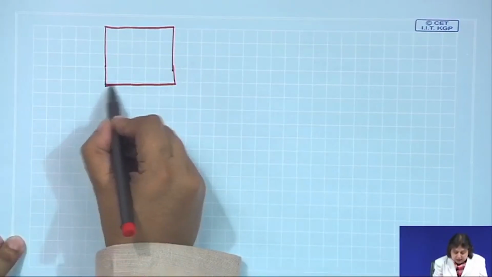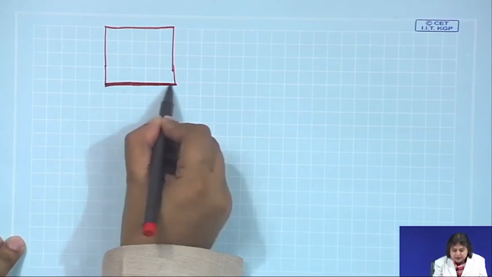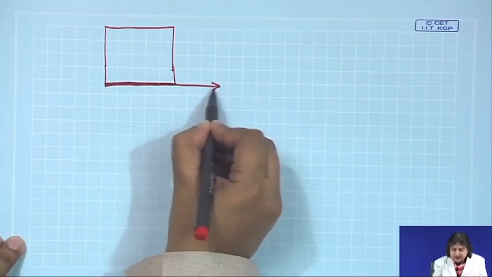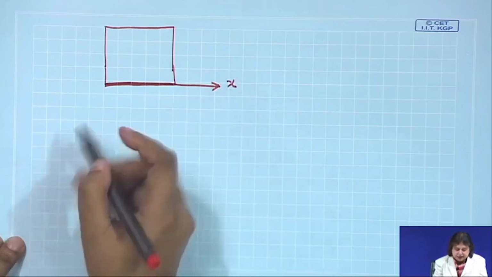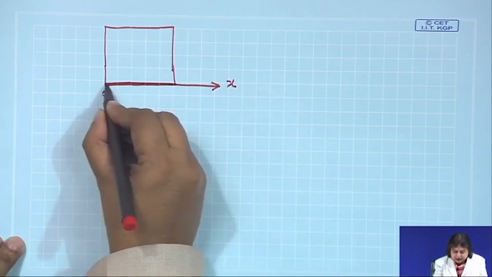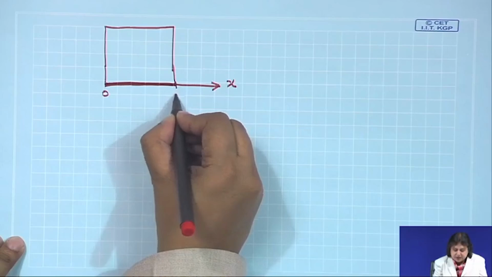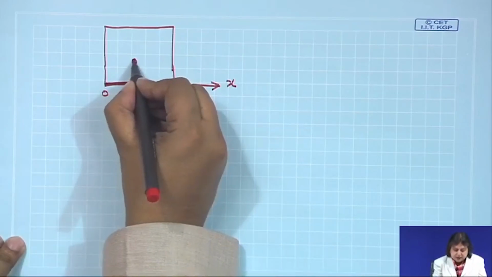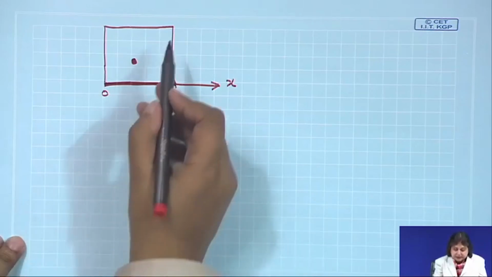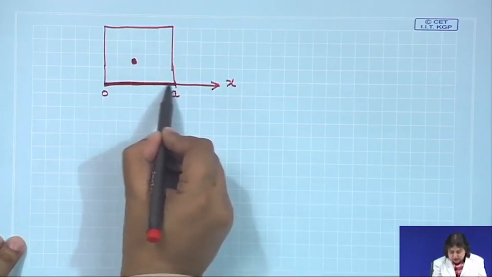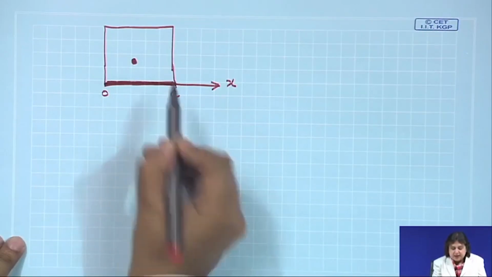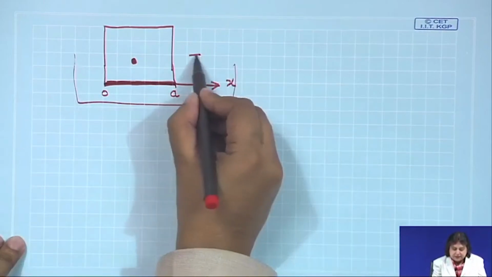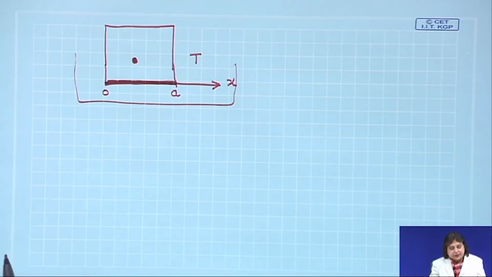So, I will consider only one direction in it, so that the particle is moving in this direction, which is probably the x direction, and it has to confine itself between 0 and A. Okay. There is only one such particle, and this box, or whatever this direction is, is in equilibrium with a thermostat maintained at a temperature T.